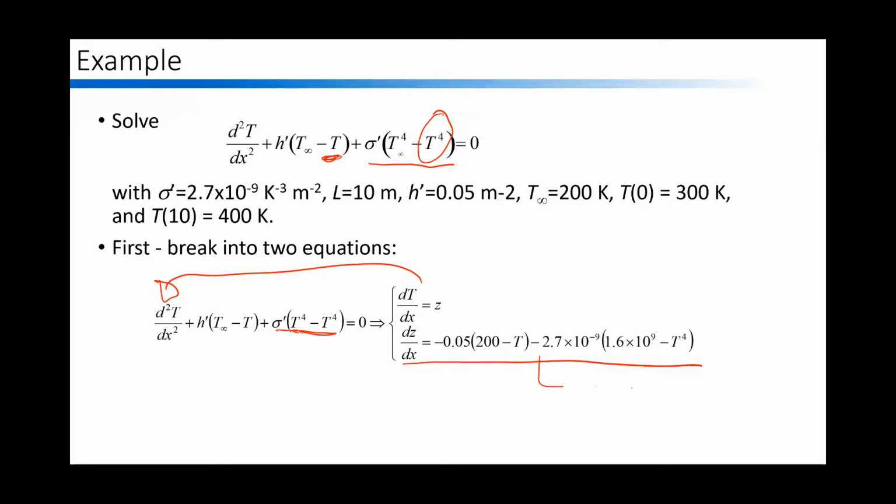And then we have that extra term, so minus 2.7 times 10 to the negative 6th times 1.6 times 10 to the 9th. That's my T infinity to the fourth minus T to the fourth.